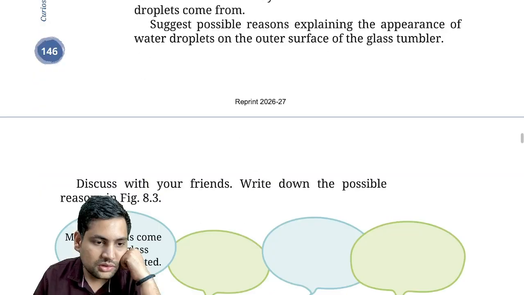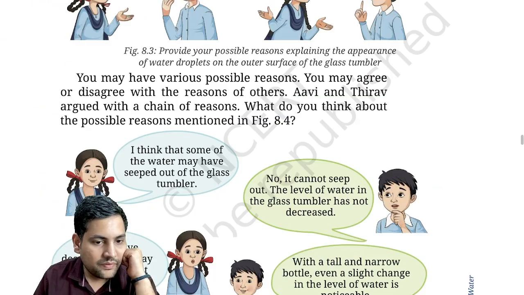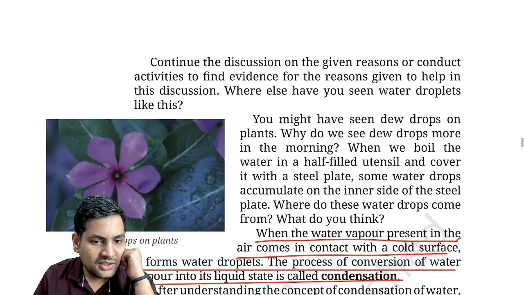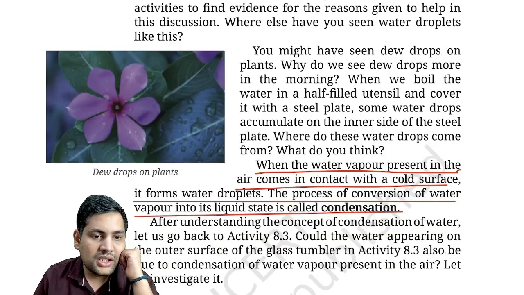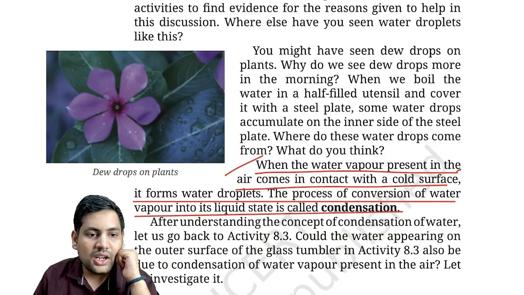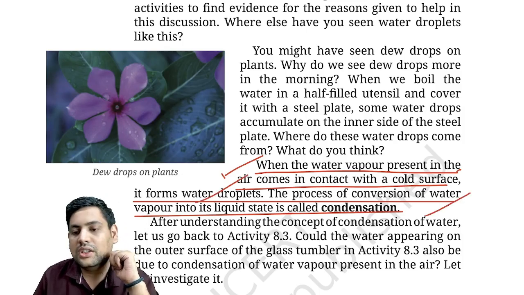Next thing that is relevant is condensation. What is condensation? Condensation is when water vapor becomes water. When water vapor present in air comes in contact with a cold surface, it forms water droplets. This is called condensation.